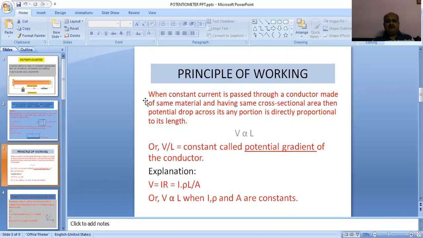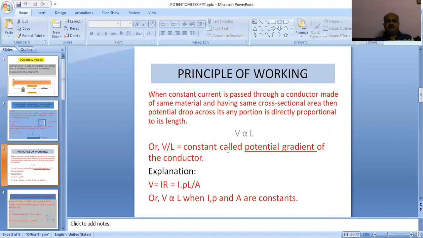In that case, V is directly proportional to L. When constant current is passed through a conductor made of the same material and having the same cross-sectional area, then potential drop or potential difference or fall in potential across any portion is directly proportional to its length. From this relationship, V by L equals constant.